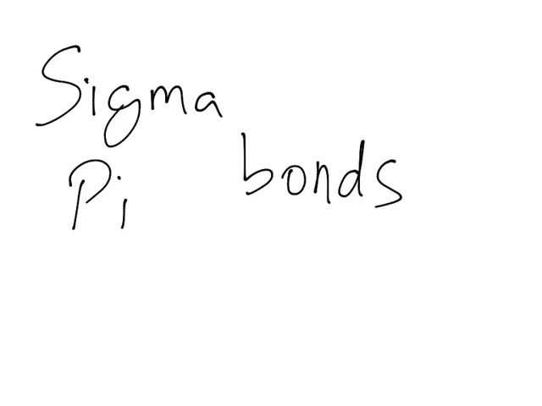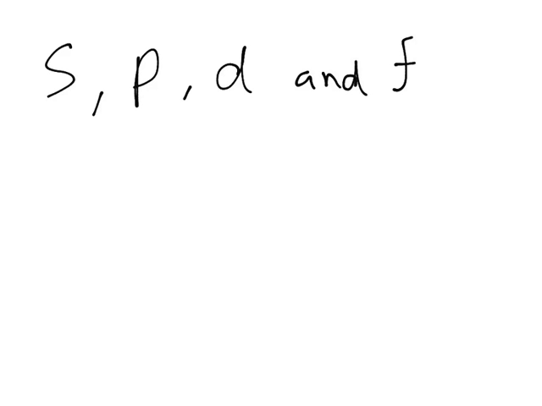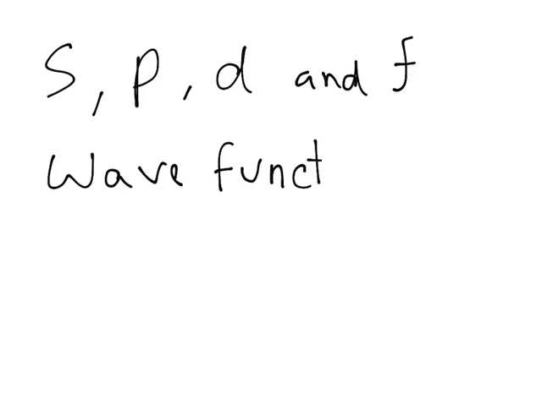And well, as you may recall from when I was talking about the four different orbitals, S, P, D, and F, those four orbitals are wave functions. And with waves, there's two types of interactions.